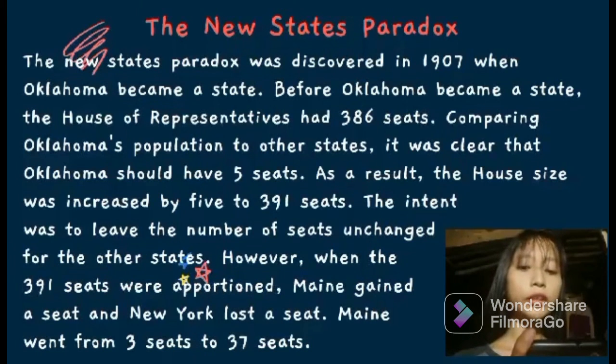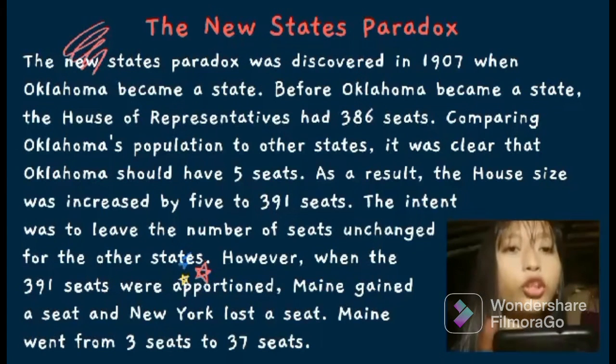The new states paradox was discovered in 1907 when Oklahoma became a state. Before Oklahoma became a state, the House of Representatives had 386 seats. Comparing Oklahoma's population to other states, it was clear that Oklahoma should have 5 seats.